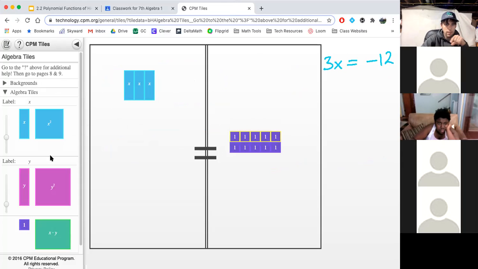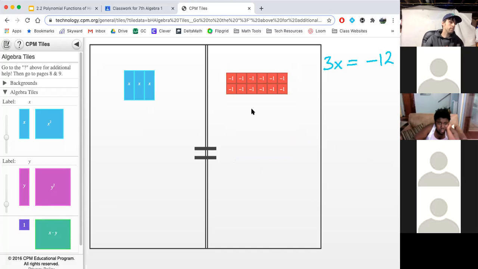So I need, this is 10, I need 2 more. And these all need to be negatives, right? 1, 2, yeah, all negatives. Okay, let me drag those up there. All right, so here's our equation.